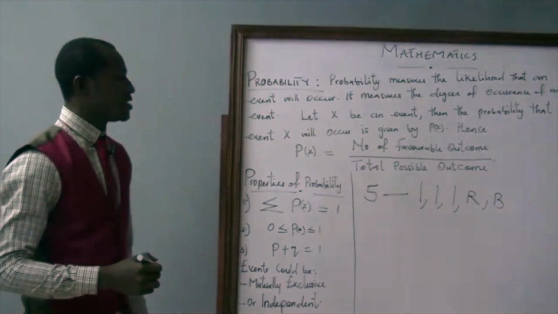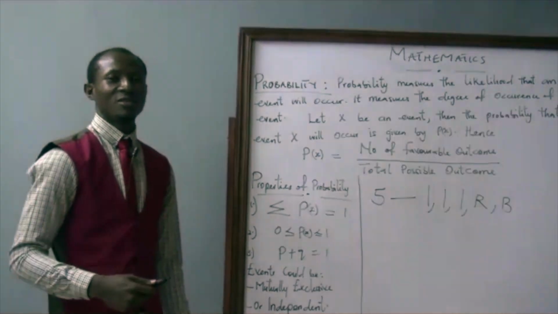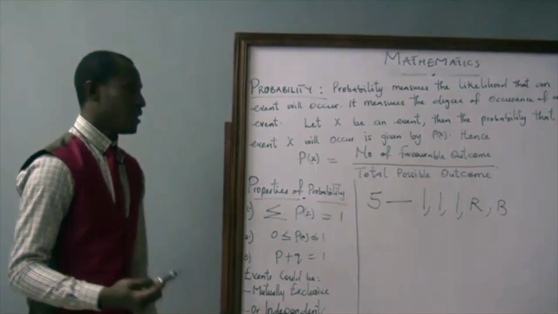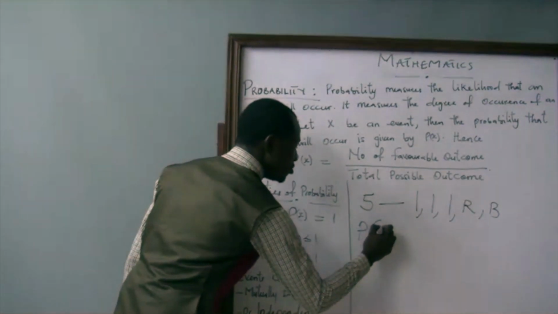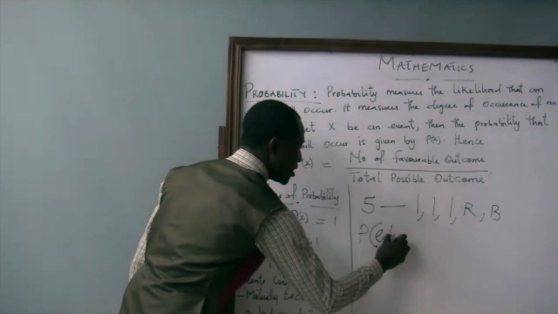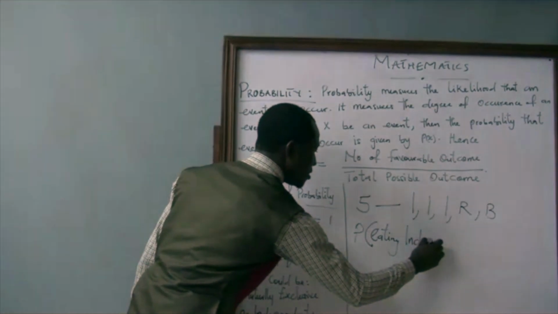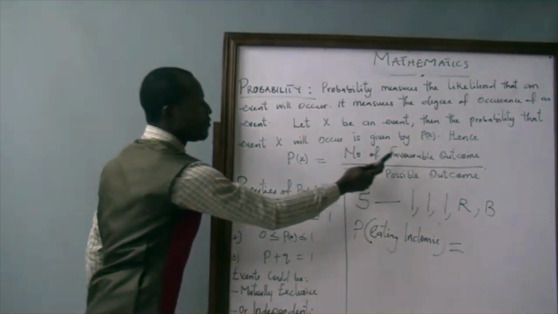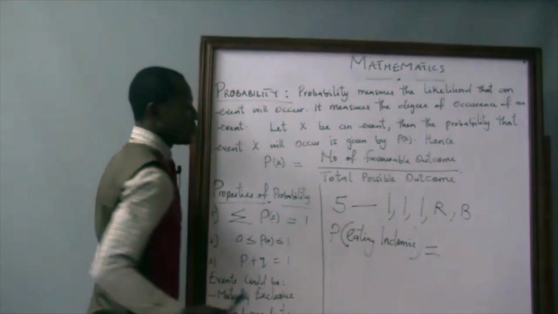If I'm interested in knowing the probability of me eating Indomie again, then I have to say the probability of eating Indomie, because that's my event, is number of favorable outcome divided by total possible outcome.